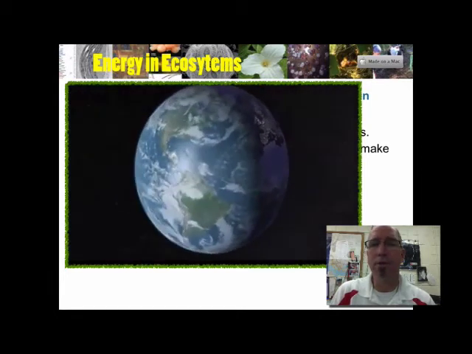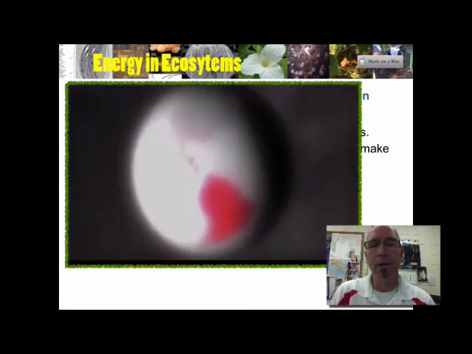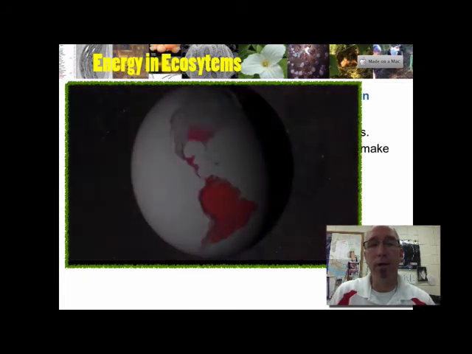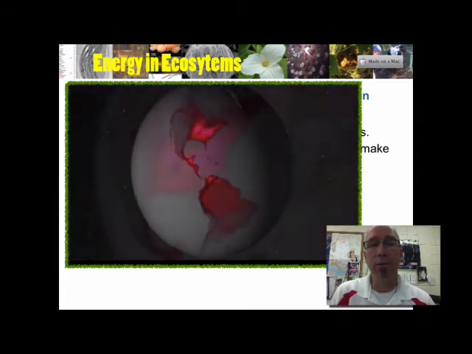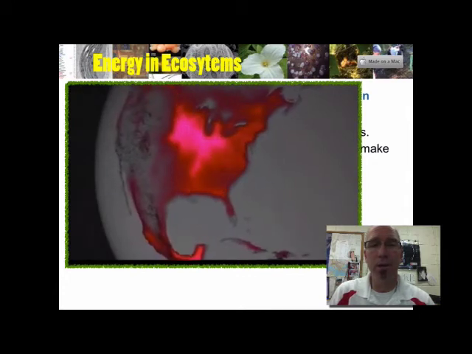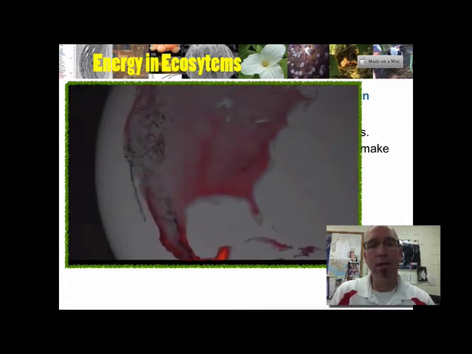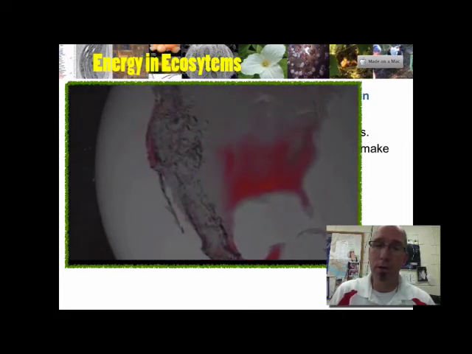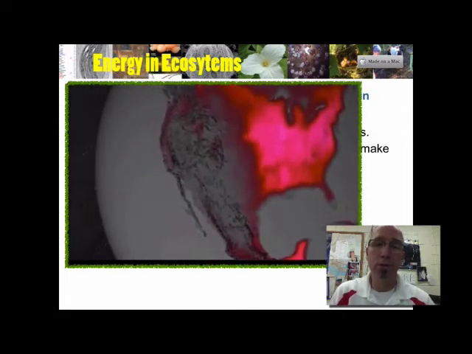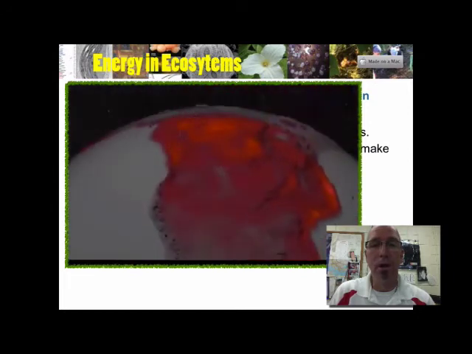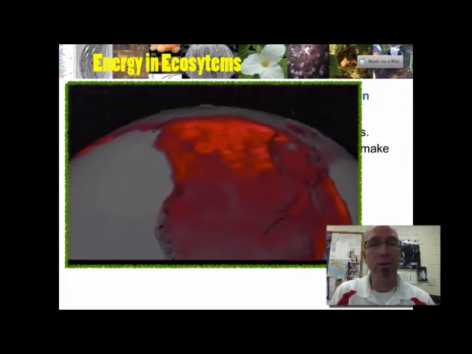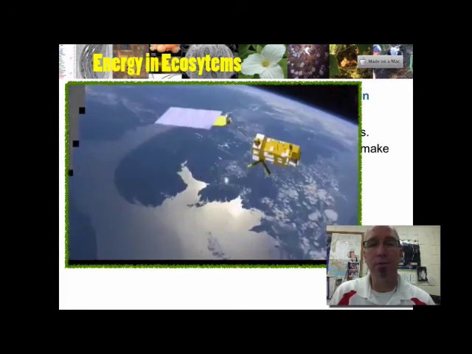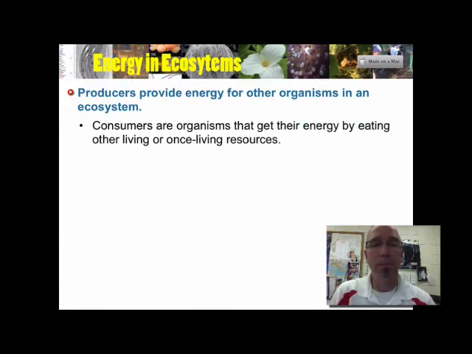So the satellite's flying around our planet looking for fluorescent lights as evidence of photosynthetic activity by plants. So the red indicates some photosynthesis. So there's a day, there's a night, there's another day. The fluorescence indicates lots and lots of photosynthesis going on.